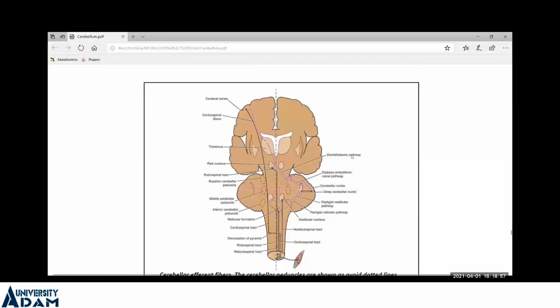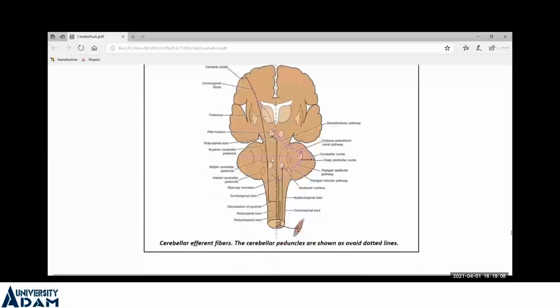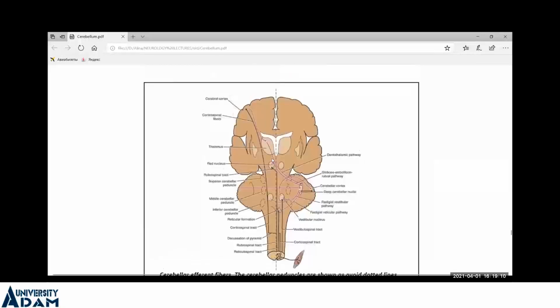So the dentatothalamic pathway, guys, influences ipsilateral motor activity, okay? So all these pathways, guys, because they are efferent fibers, influence the upper motor neurons and the neurons in the spinal cord, okay?